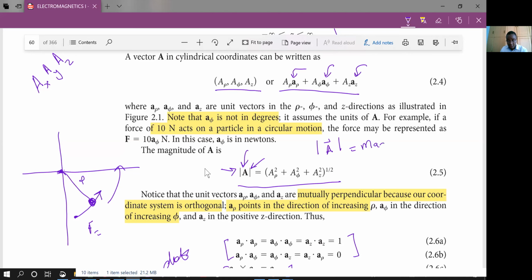I'm repeating that for the sake of those who might have missed our first and second lectures. Now, having said that, that is how you describe the magnitude by saying that each of the scalar components in either of the directions of the cylindrical coordinate system is squared, and then you find the square root. That gives you the magnitude.